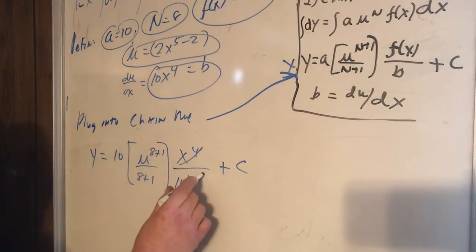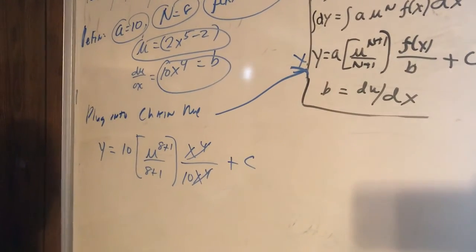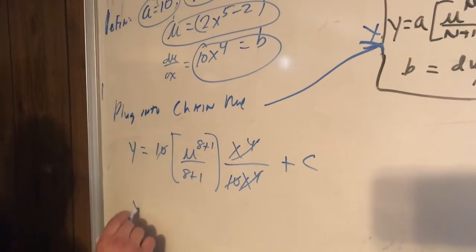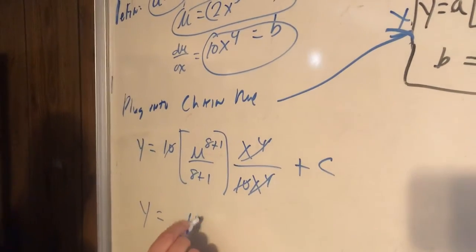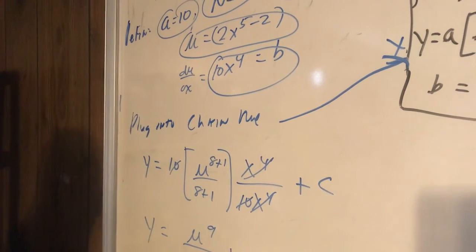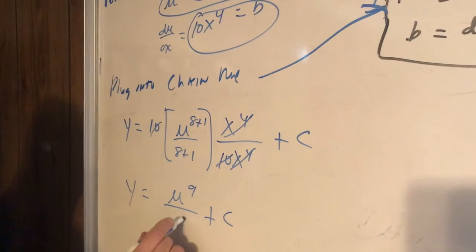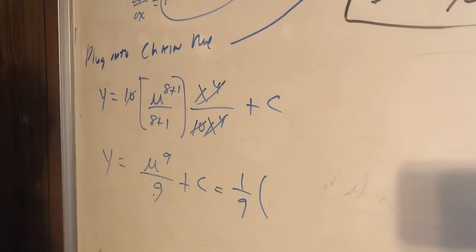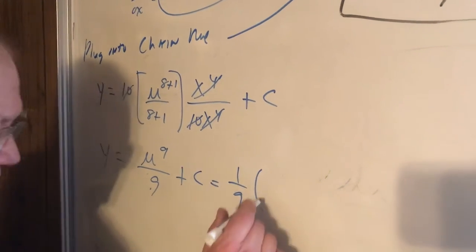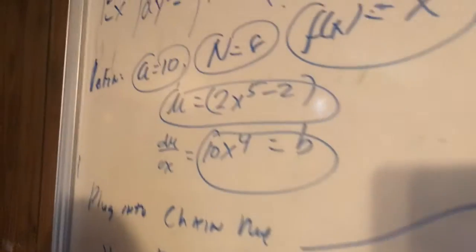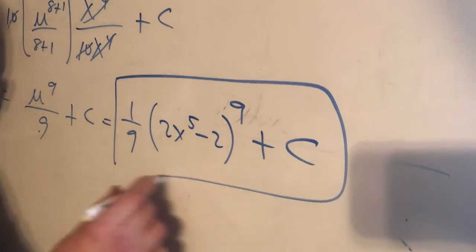Notice the x to the fourths cancel, and what happens to the 10s? They cancel also. So y now equals u to the 9 over 9 plus c, which is 1/9, plugging in u, 2x to the fifth minus 2, to the 9th plus c, and there is your answer.